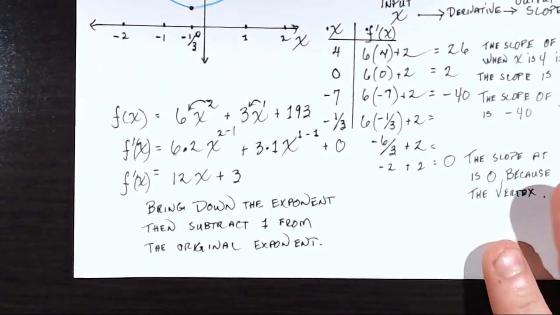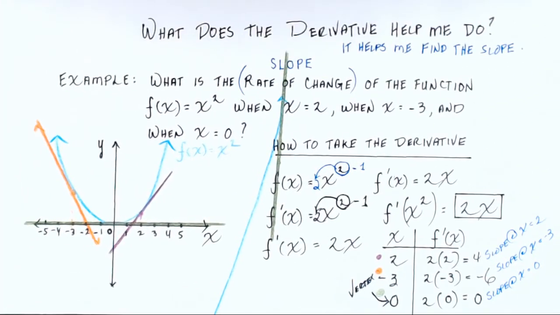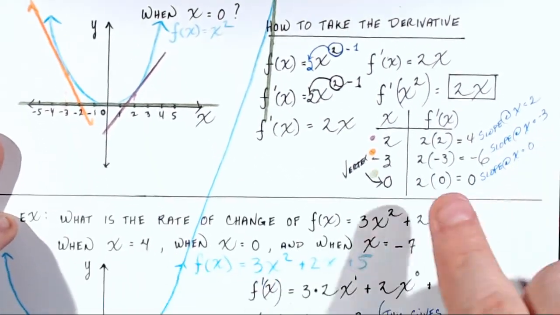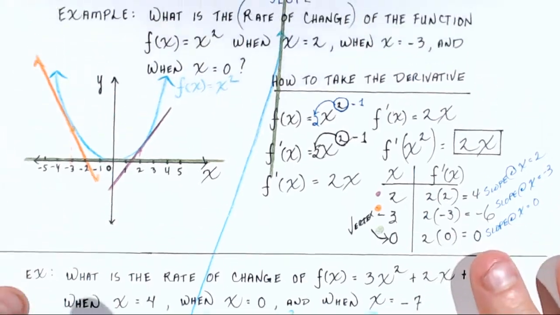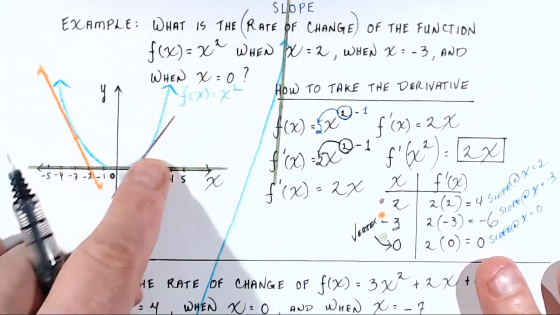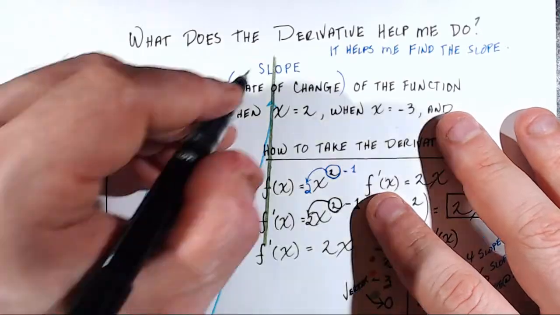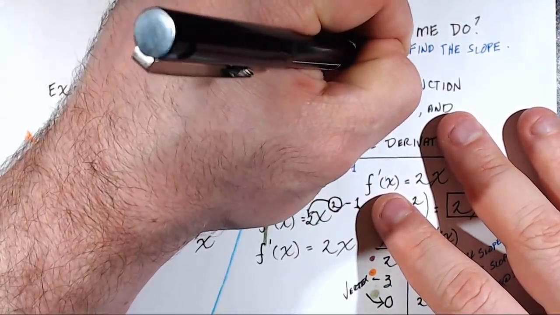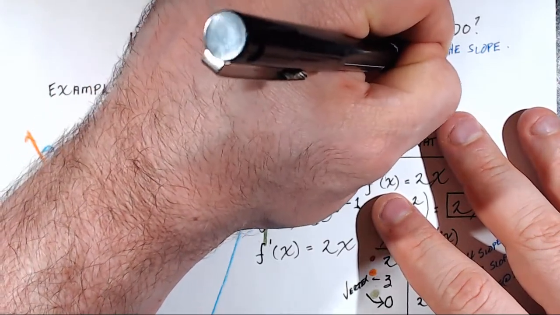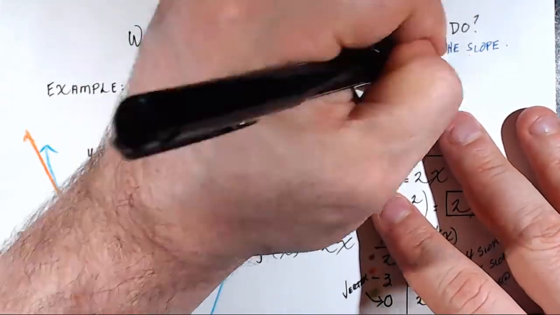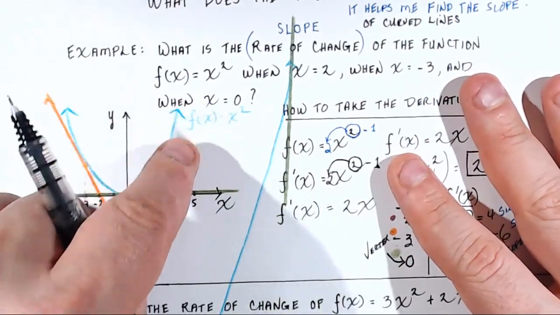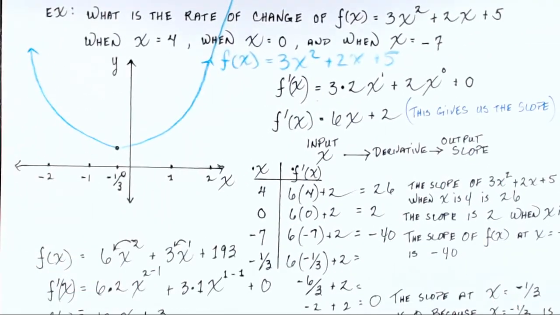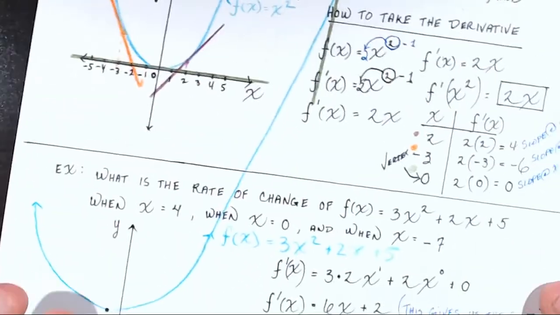That's the process. So now you have learned how to take the derivative, and you've learned what it can help you do. The derivative can help you find the slope of curved lines. I should add that. It helps me find the slope of curved lines. Because with curved lines, the slope constantly changes. You see that? The slope constantly changes. So I've got to use the derivative to find the slope of curved lines.